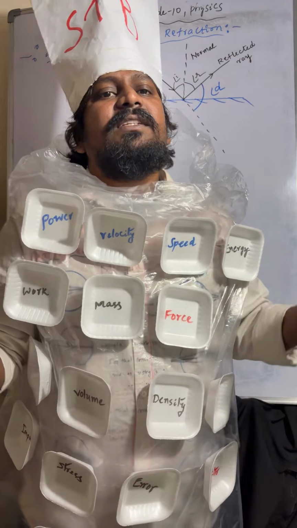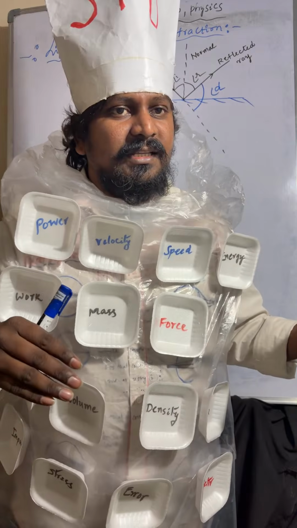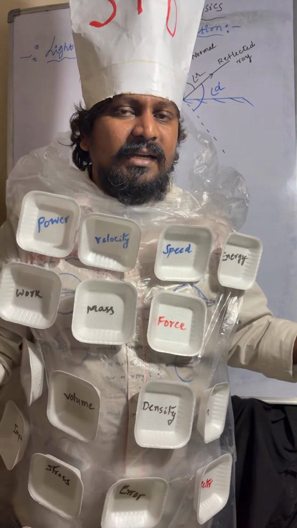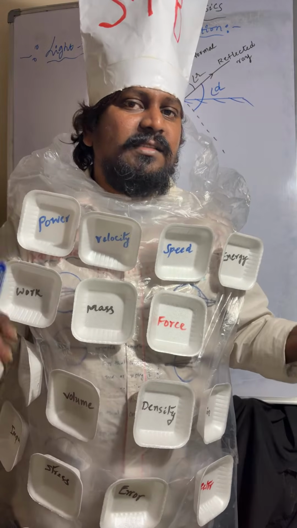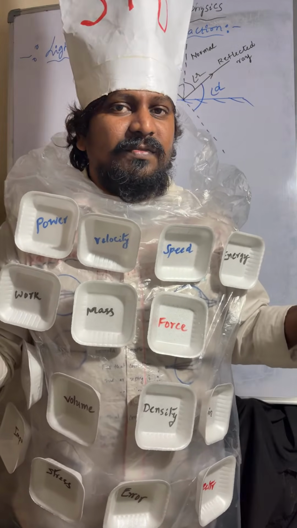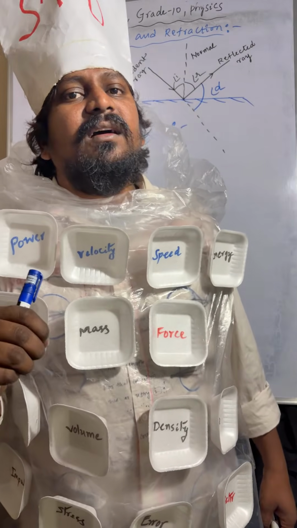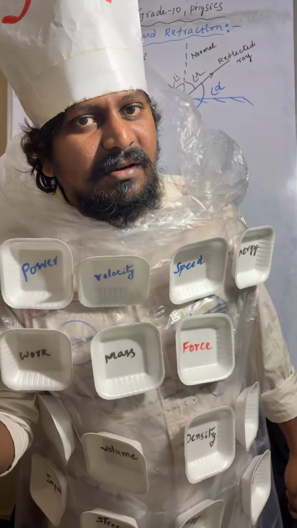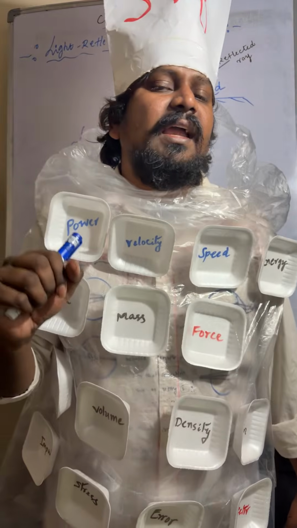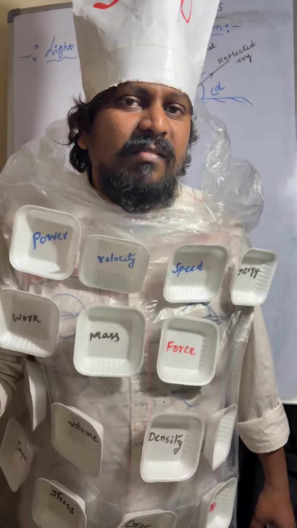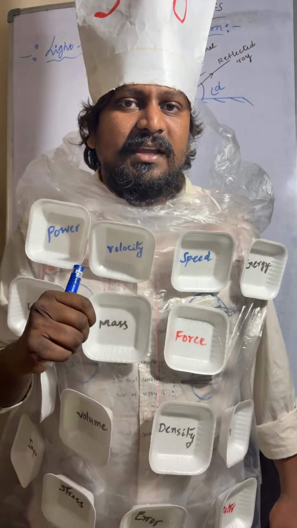The bouncing back of the light from the reflecting surface is called reflection of light. The angle between the incident ray and the normal line is called the angle of incidence. The angle between the reflected ray and the normal line is called the angle of reflection. The angle between the reflected ray and the undeviated line is called the angle of deviation.